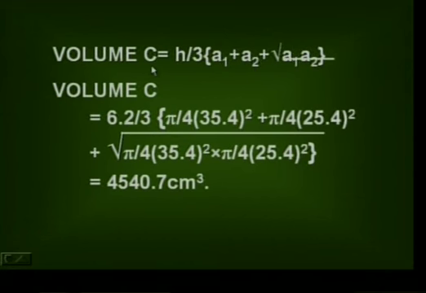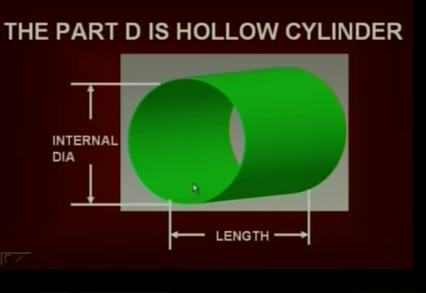Volume of frustum of cone C is calculated by using the formula h by 3 into A1 plus A2 plus root of A1 A2. By substituting D1, D2 and h values, the calculated value becomes 4540.7 centimeter cubed.